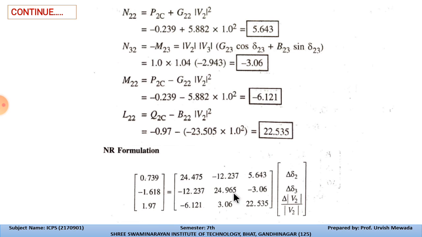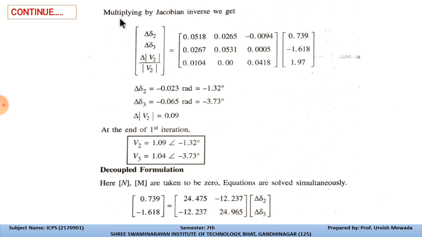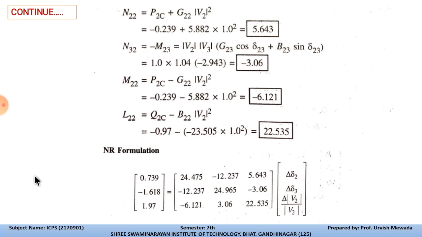So these are the values that we already discussed for the NR method. By putting all the values and solving the matrix, multiplying by the Jacobian inverse, we get delta 2, delta 3, and delta mod v2. We are just doing the inverse of the matrix, that is 0.518 after solving this.